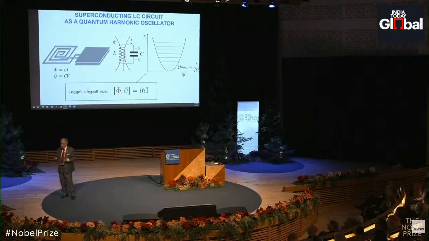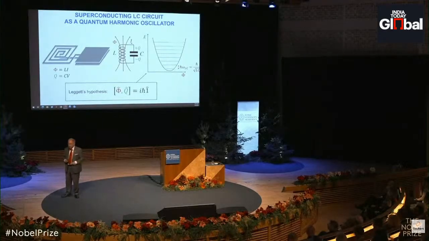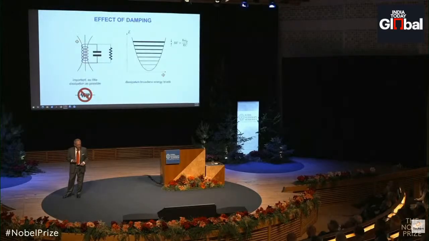You cannot do this for actual atoms. You have 92 atoms in the periodic table, and that's it. Or if you want, the equivalent of the L and the C are fundamental constants, like the electron charge and the mass, which are given once and for all. Here we can adapt the circuit to a particular function we are interested in.